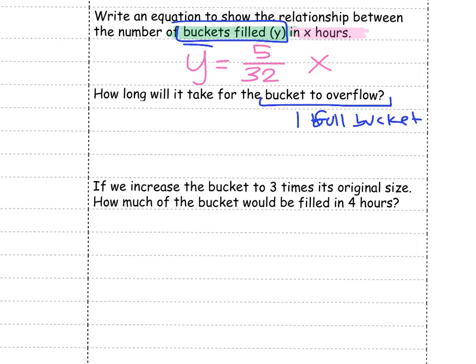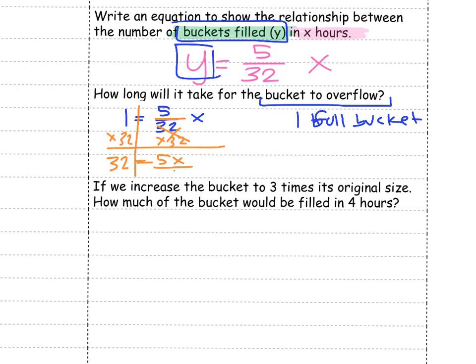So I'm going to put 1 in for y. 1 equals 5/32x. When I'm solving, it's dividing by 32, so I can multiply by 32 to get rid of that first. So I get 32 equals 5x. Then to get rid of that 5, I divide by 5.